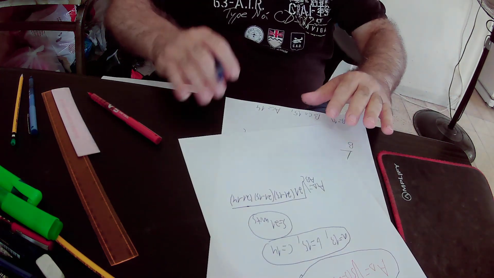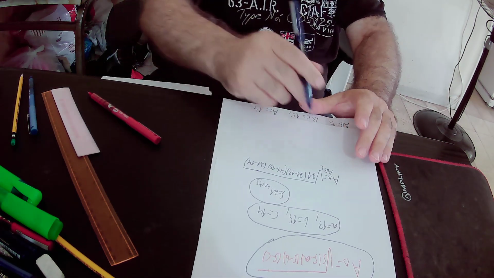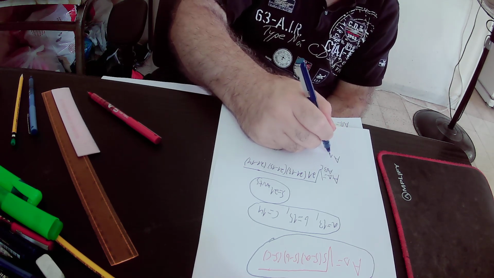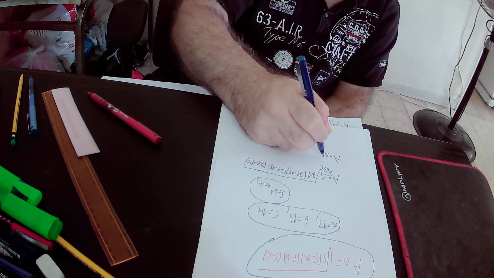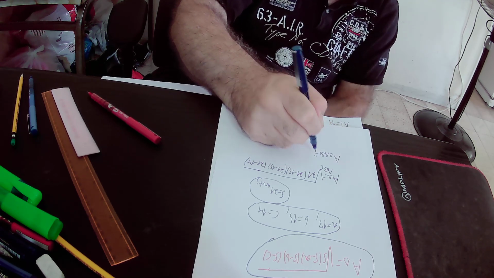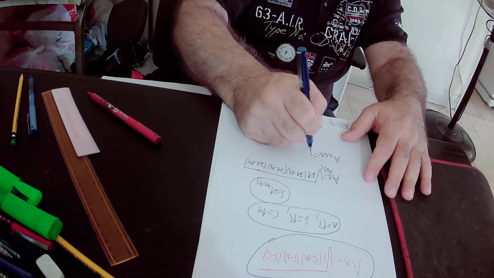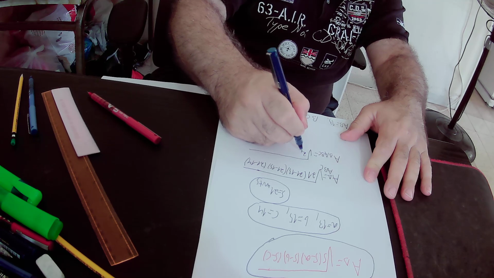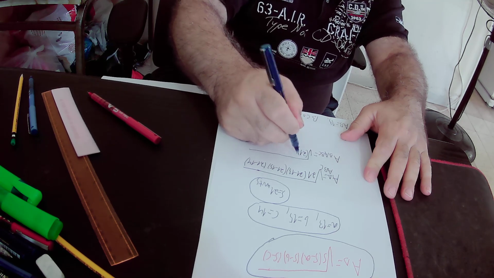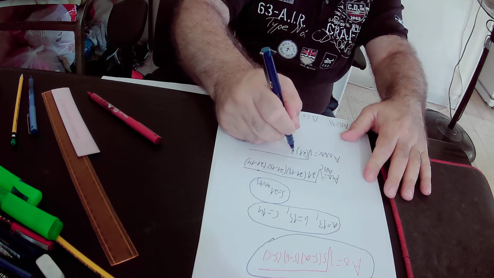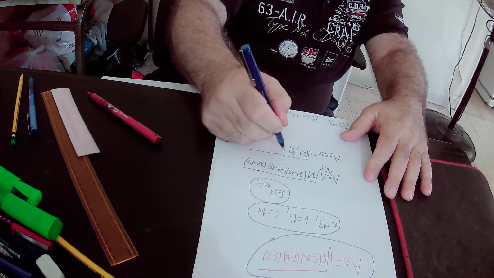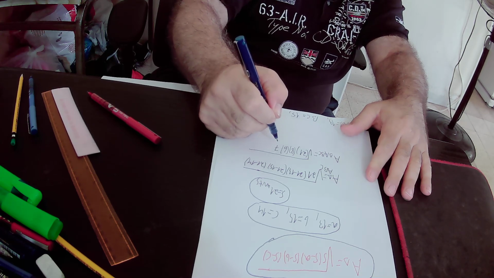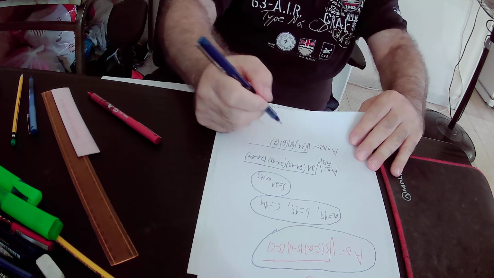We will get that the area of our triangle ABC will be equal to the root of 21 times 8 times 6 times 7.